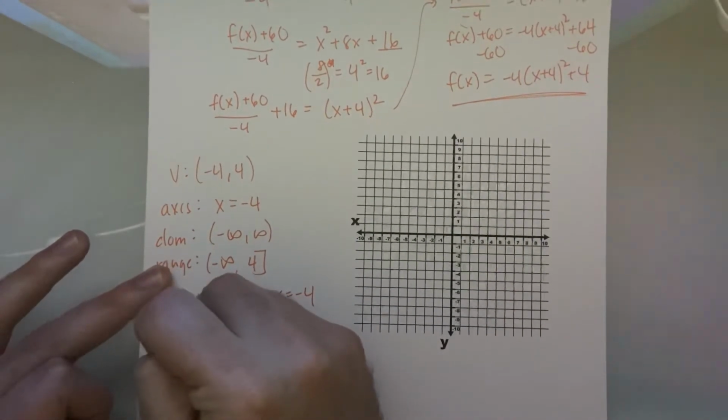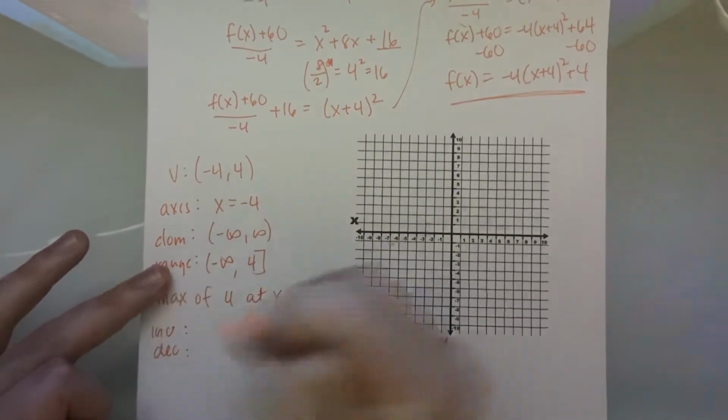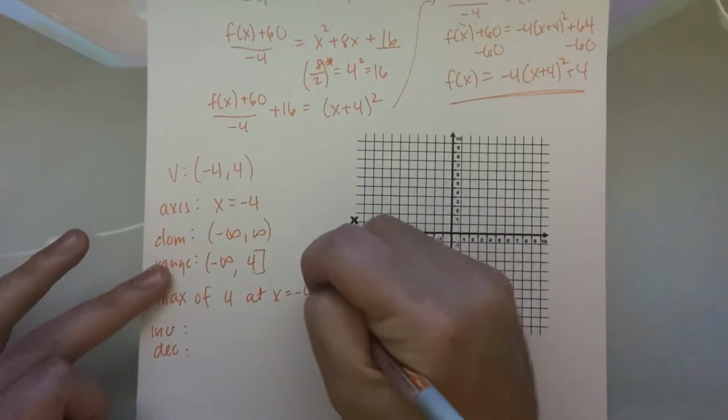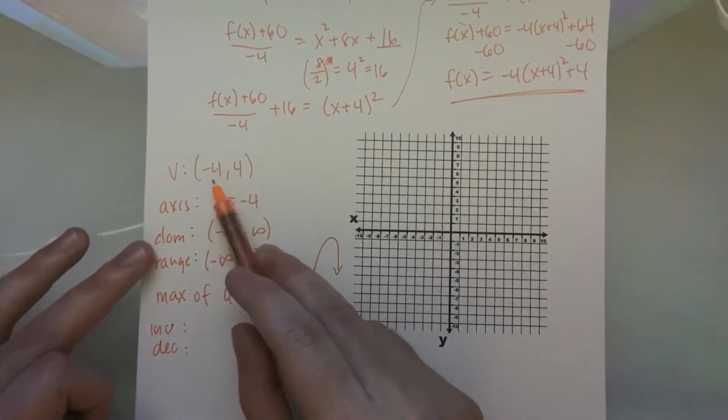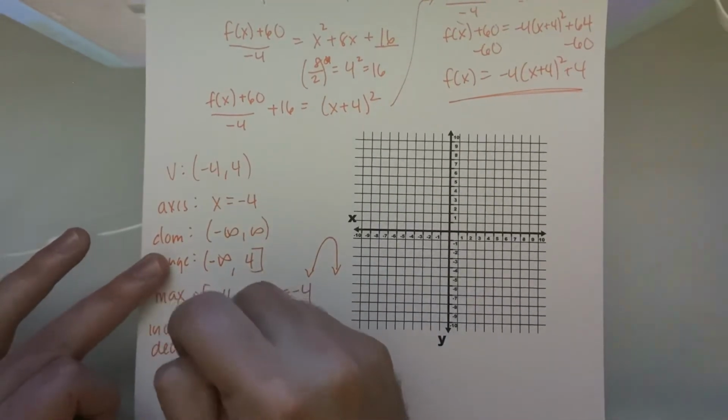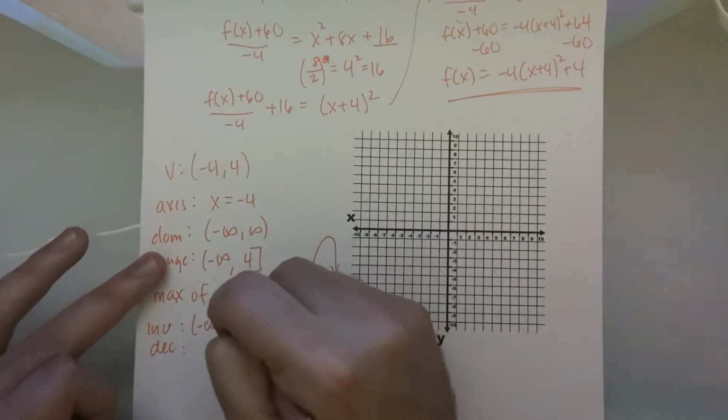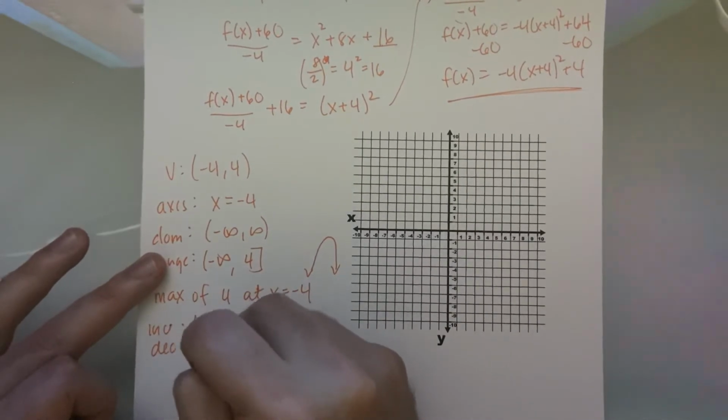Increasing, decreasing. Remember, this is a downward facing parabola, so it's increasing on the left of our x value of the vertex. So it's increasing from negative infinity until we hit the negative 4, the x value of the vertex, and it's decreasing after that.